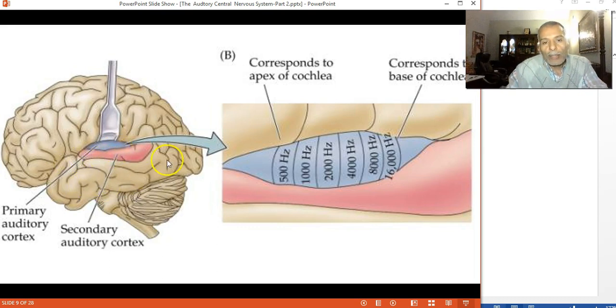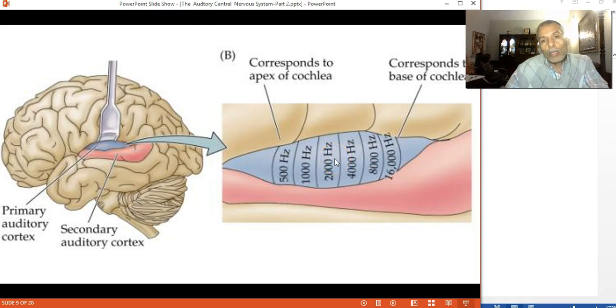Now, take this and enlarge it, the superior temporal gyrus, enlarge it, and this is what you get. This blue area and this pink area. And we are looking at the central part of the superior temporal gyrus. In terms of function, the blue area is called Brodmann area number 41.